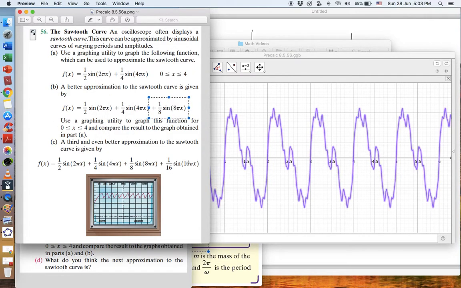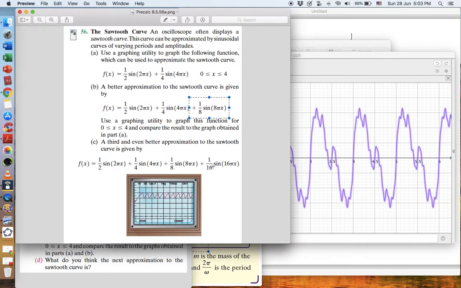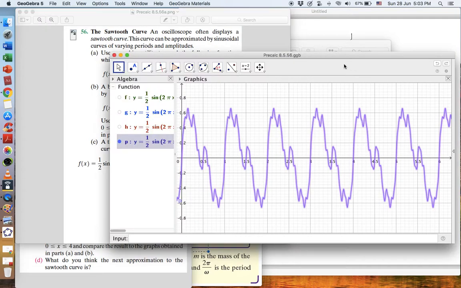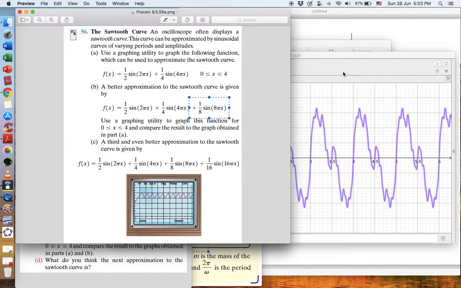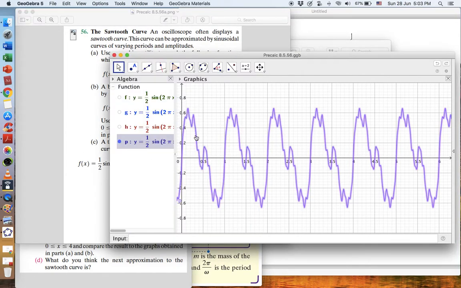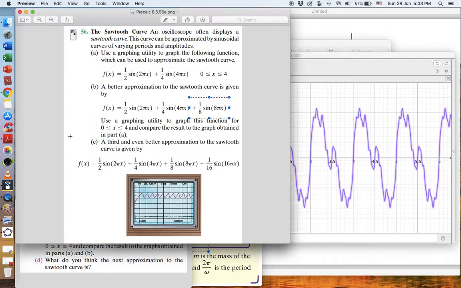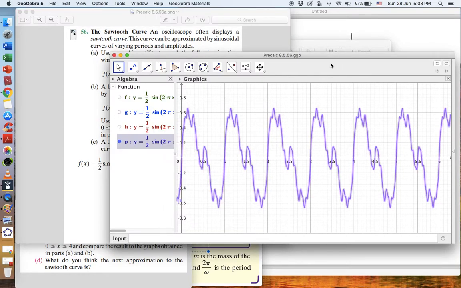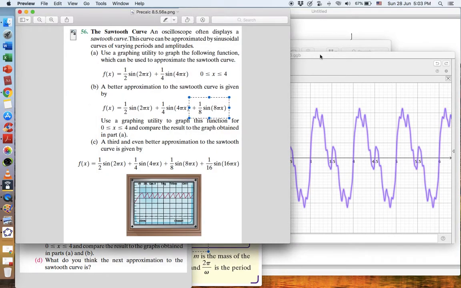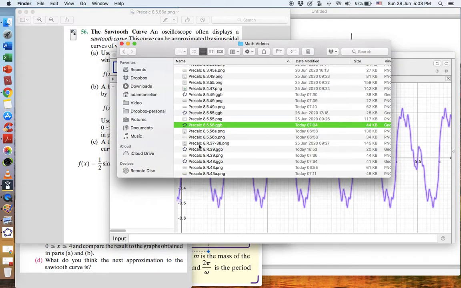And as we carry this out into infinity, if we ended up with 1 over 2 to the 10th times sine 2 to the 10th pi x at the end of that series, then it would be quite jagged, and that's why we call it a sawtooth function or sawtooth curve, because it has all of these jagged points here, which relate to all of these different values in the sine curve there.